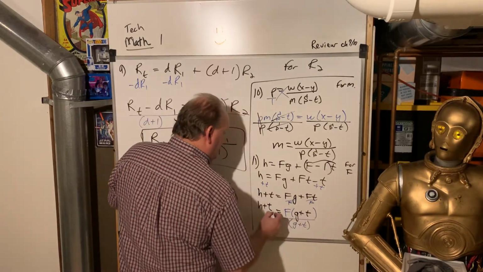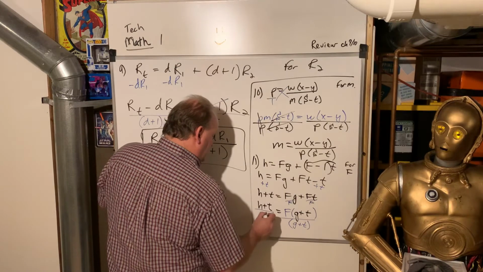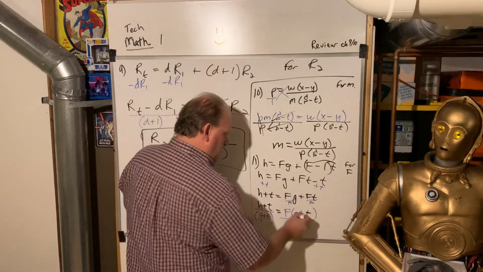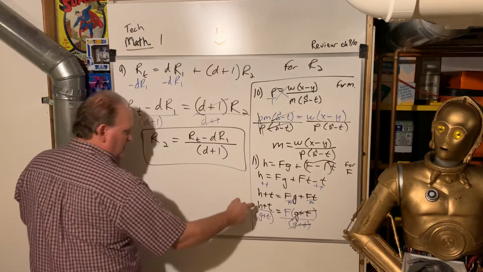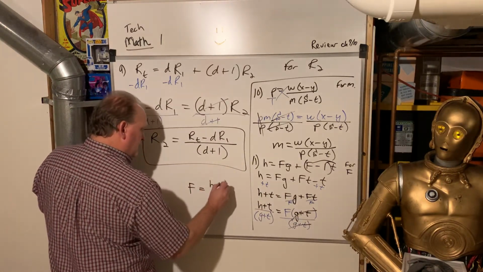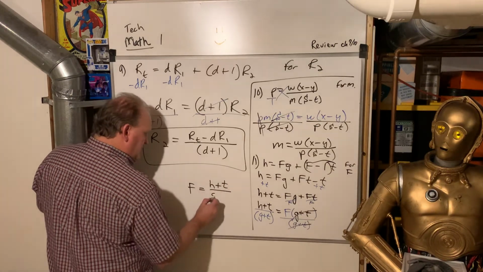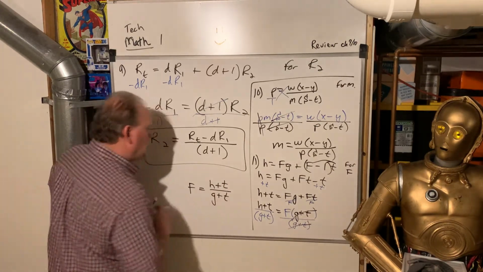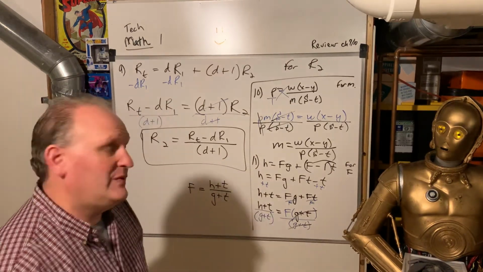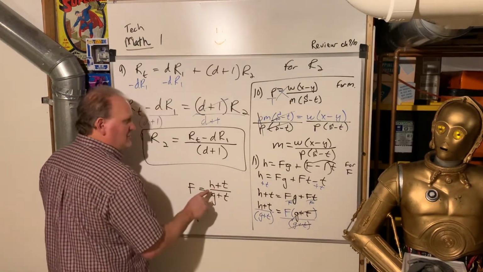And now you've got to be sharp about this. You can never, ever, never cancel anything. Look, it's H plus T on the top, and it's G plus T on the bottom. But you cannot cancel those T's. They're being added. When things are being added or subtracted, you can't get rid of them.